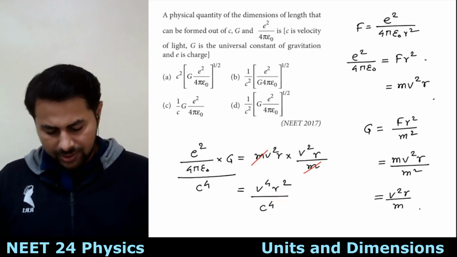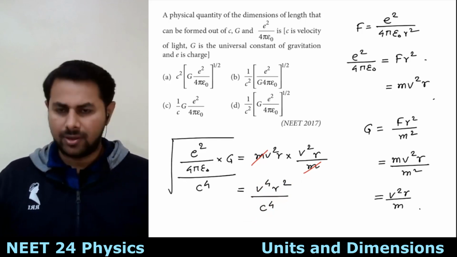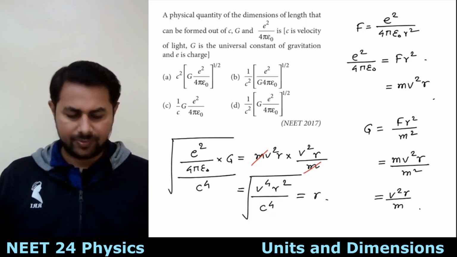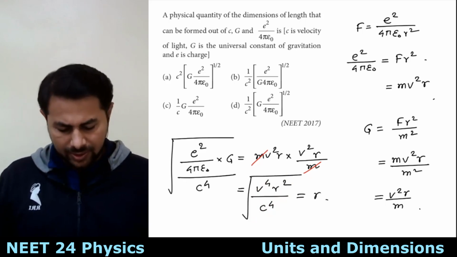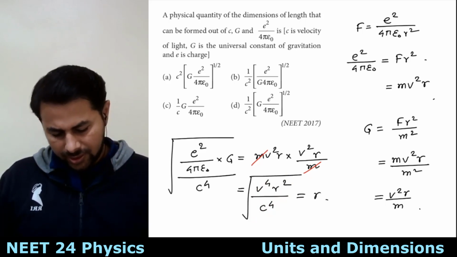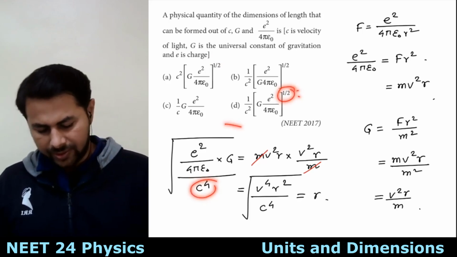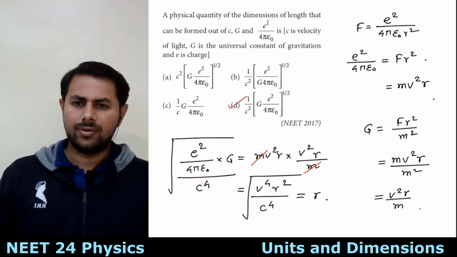So the answer is this thing, right? So it will be just r, or length you can say. So it is square root of e square by 4 pi epsilon naught g. It's there in option A, it's there in option, and in denominator you will have c square. So it's option D, right?